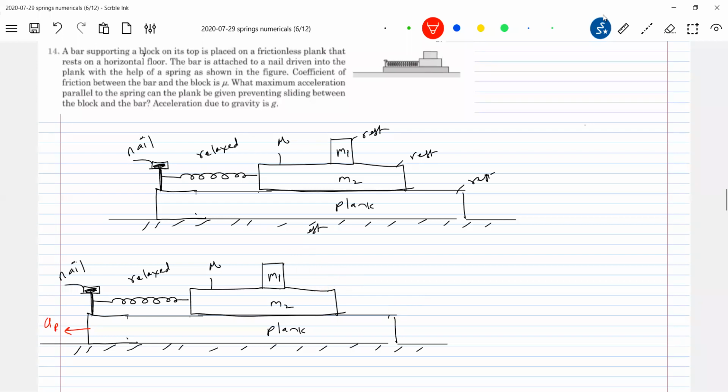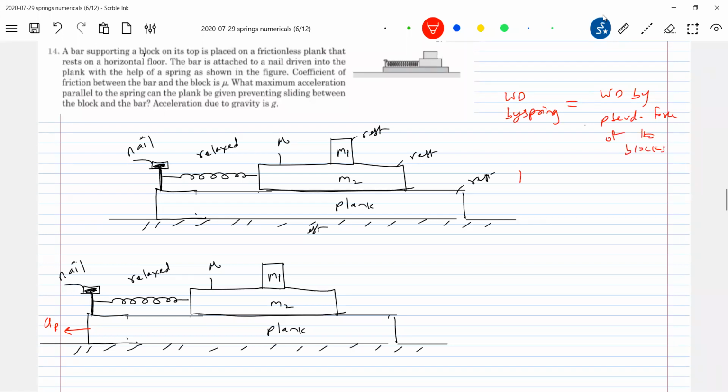Work done by the spring in the plank frame should be equal to the work done by the pseudo force on the block system. So I'll write this down. Work done by the spring should be equal to work done by the pseudo force on the blocks.